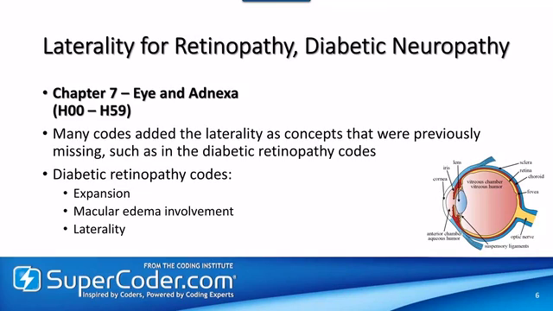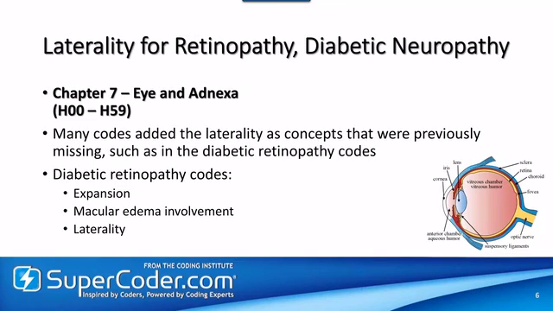Previously we didn't have right, left, bilateral, unspecified, and now we do. We've got diabetic retinopathy codes that further add to our expansion. We have codes that go into macular edema involvement, again, laterality as to what sides, and this is all going to have an effect on your claims. It impacts how your providers document.